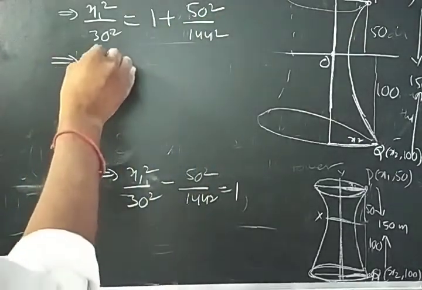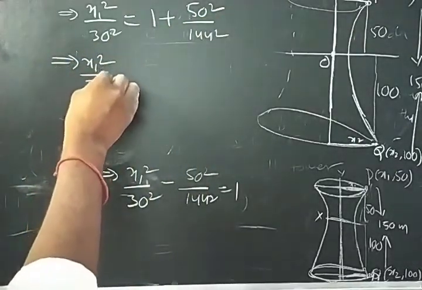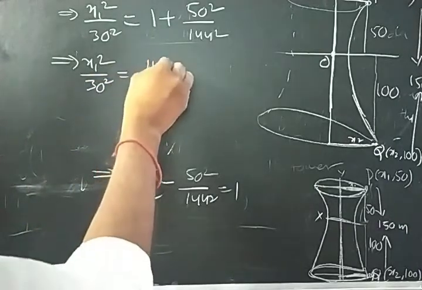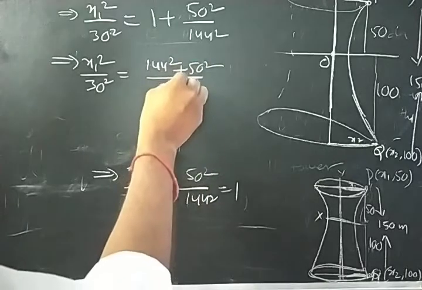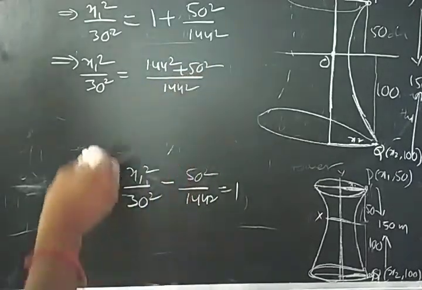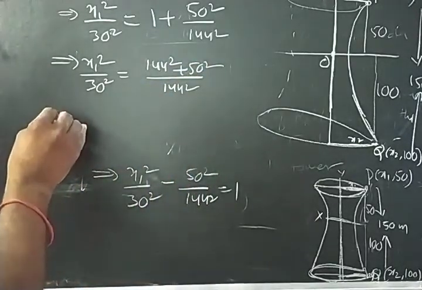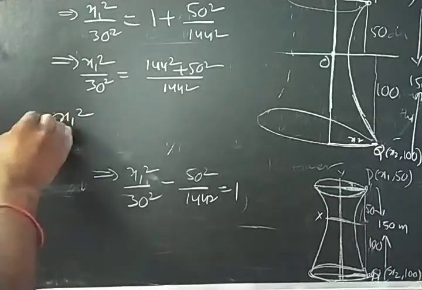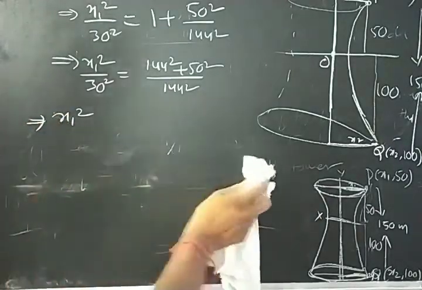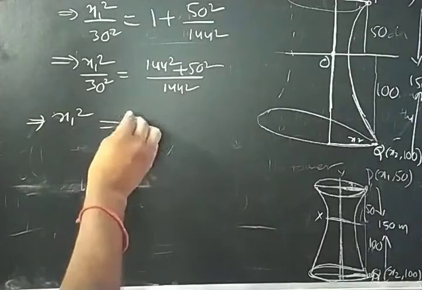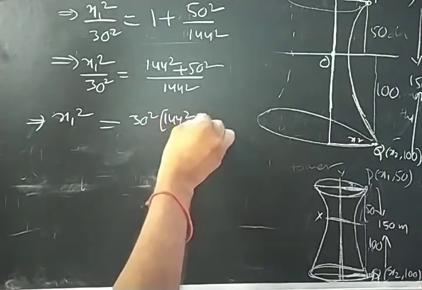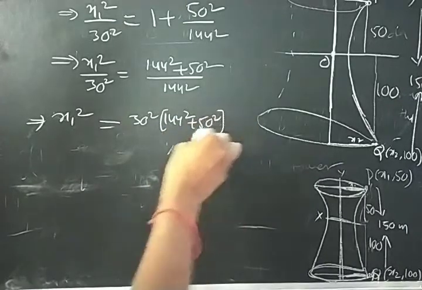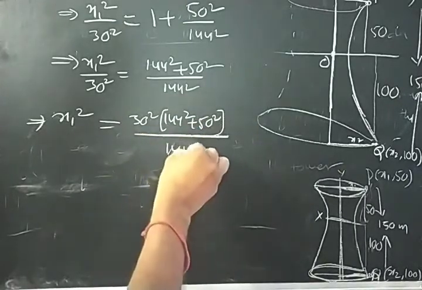Now x1 square by 30 square is equal to 144 square plus 50 square by 144 square. Right? Now x1 square is equal to 30 square into 144 square plus 50 square by 144 square.